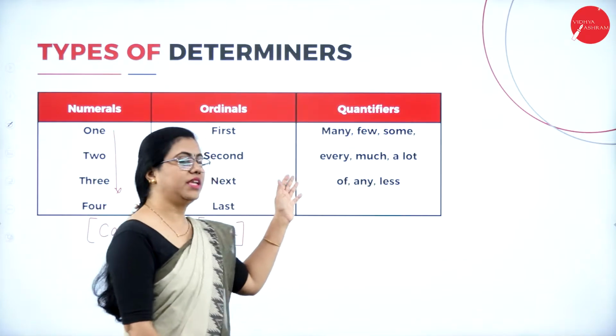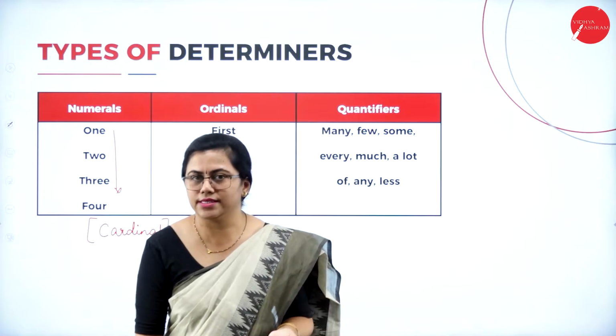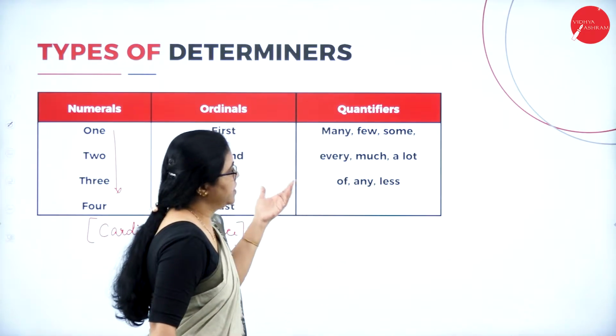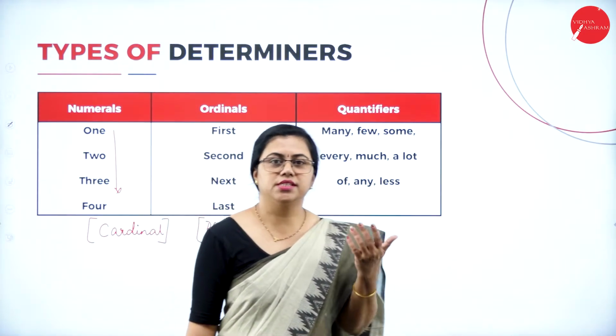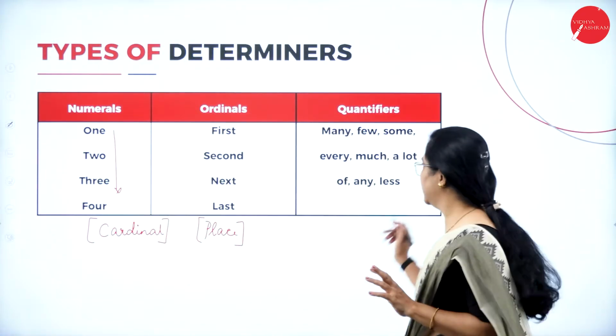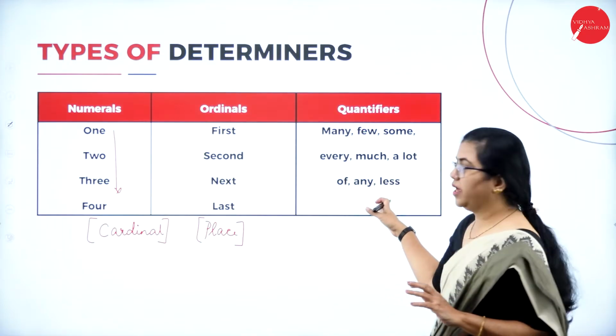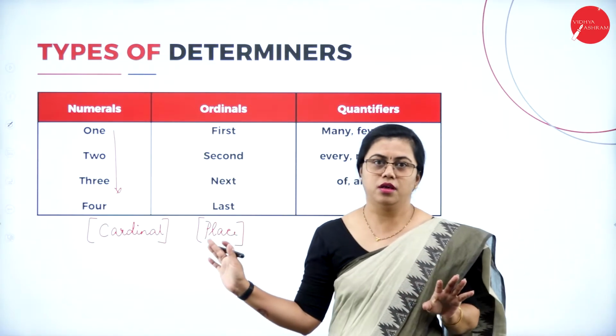We are not using any number here. We use few, several, many, like this. It just tells us that some quantity is there. So this is an example of a quantifier. Quantifiers, you cannot use for countable nouns.